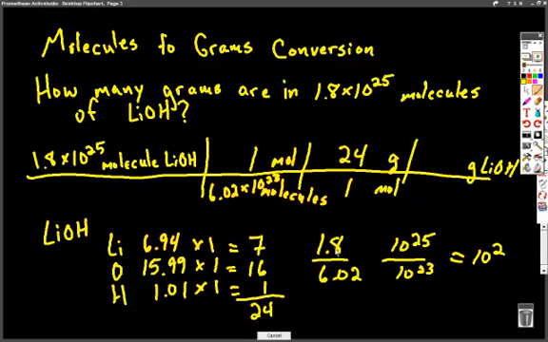And if we do 1.8 divided by 6.02, we're going to come up with a number. We can just do this in our head. 18 divided by 6 is going to give us an answer of 3, but that would be moving the decimal place in this case. So what we would actually have is 1.8 divided by 6.